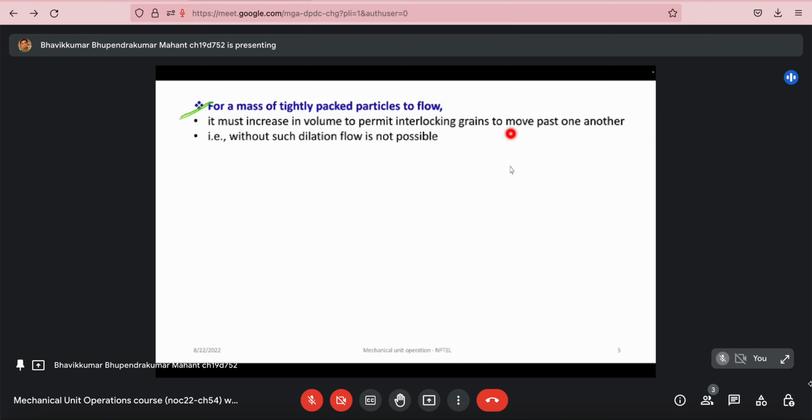As we understand, if it is tightly packed, then the grains or solid particles are interlocking with each other, so the volume must increase so that interlocking is converted into motion. Without such dilation, flow is not possible. So for flowing, we require some increment in the volume, and you can consider that some threshold volume is required to pass over that.